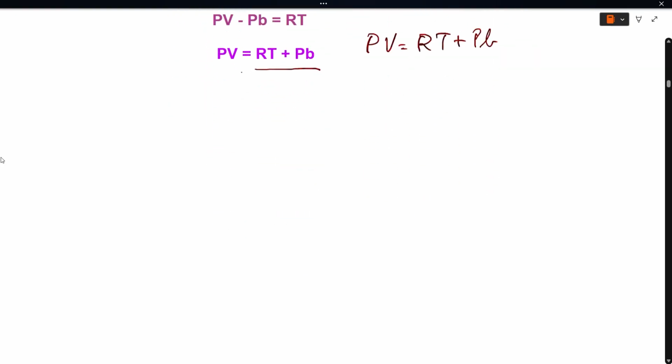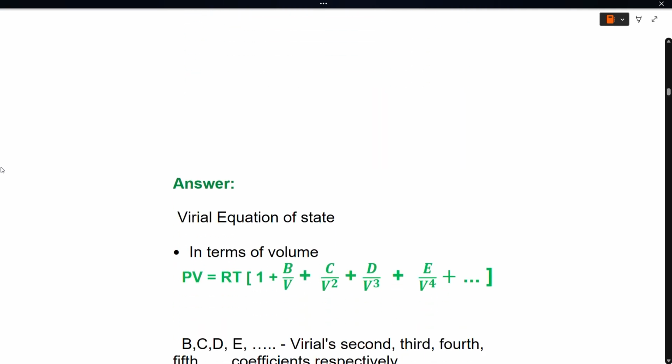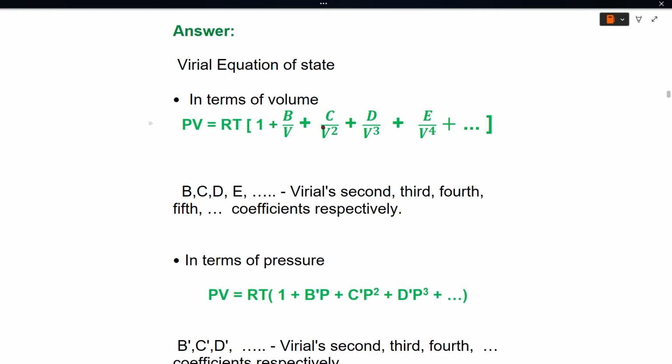Now, let us move on to the next question. State virial equation of state and explain the terms involved. The virial equation of state, we have it in two forms. One is in terms of volume, the other one is in terms of pressure. In terms of volume, the expression is PV is equal to RT into 1 plus B by V plus C by V square plus D by V cube plus E by V to the power 4 and so on.